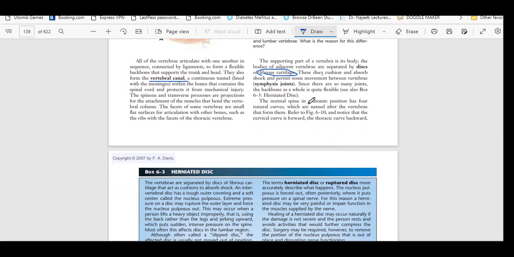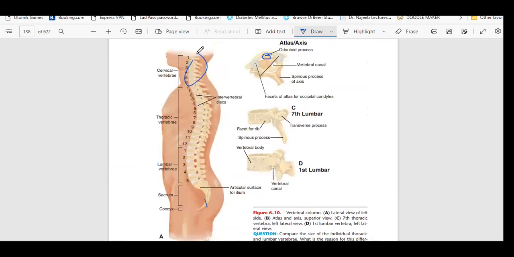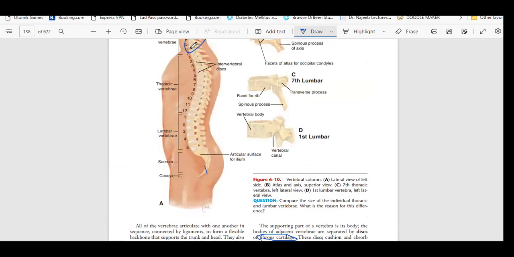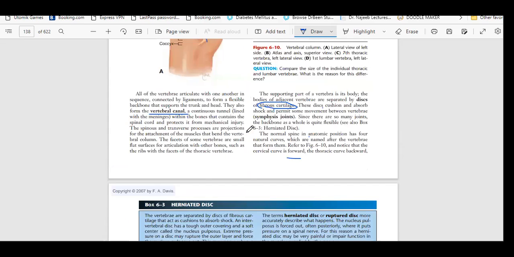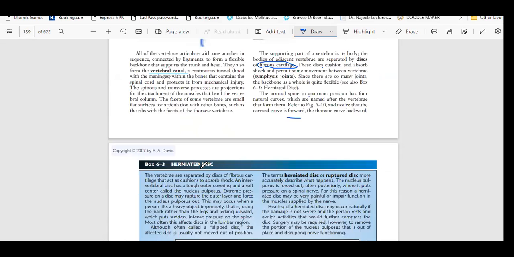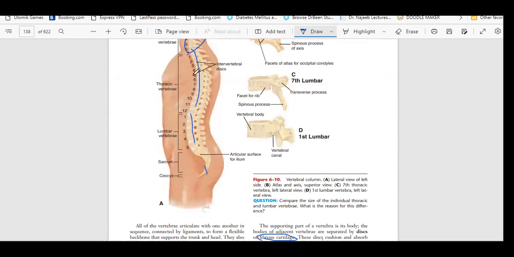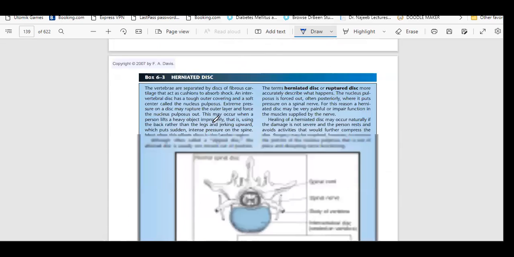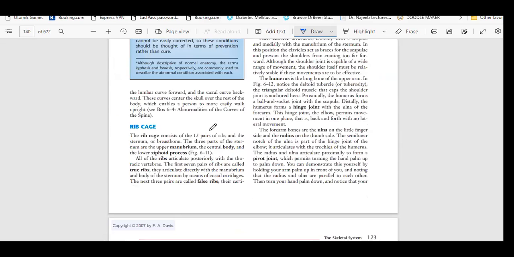The normal spine in anatomic position has four natural curves, which are named after the vertebrae that form them. Notice the cervical curve is forward, as I told you. The thoracic is back. The lumbar is forward, and the sacral is back.